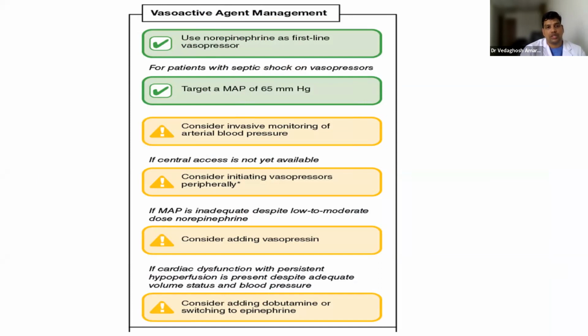Once central access is available, consider shifting the noradrenaline and adding vasopressin once the noradrenaline dose reaches 0.5 microgram per kg per minute, and consider adding epinephrine once it is not maintaining on norepinephrine and vasopressin. And they said consider adding dobutamine in patients with cardiac dysfunction if hypoperfusion is present despite adequate volume status and blood pressure. So cardiac dysfunction is one state in which you consider adding dobutamine.